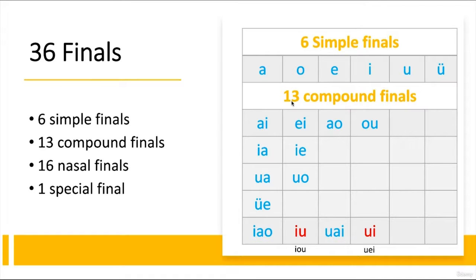There are 13 of them. They are Ai, Ei, Ao, Ou, Ia, Ie, Ua, Uo, Ue, Iao, Iou, Uai, Uei. Iou is written as IU for short, and Uei is written as UI for short.